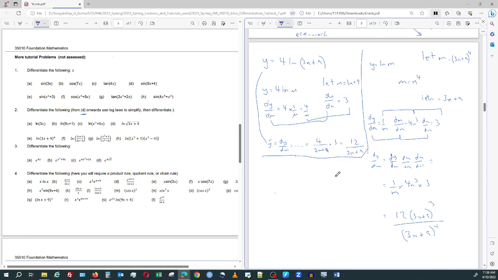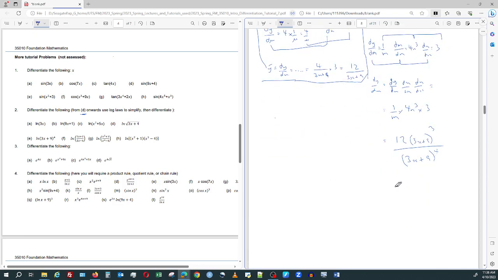Now, that requires an index perception. We can clearly see that that's going to cancel. And so what we're going to end up with is that will be gone. So we're going to end up with the same answer, but we needed to do the index perception. Okay, so dy/dx is this one.